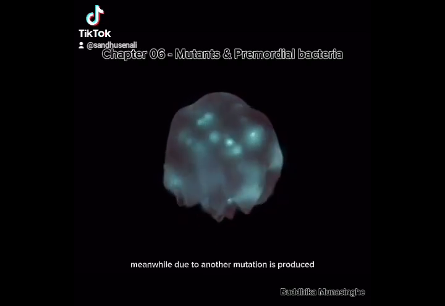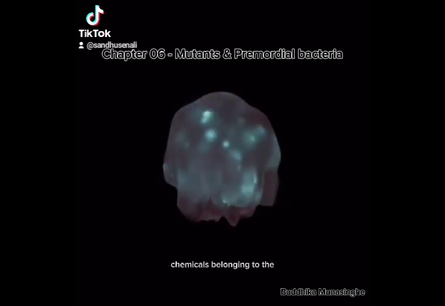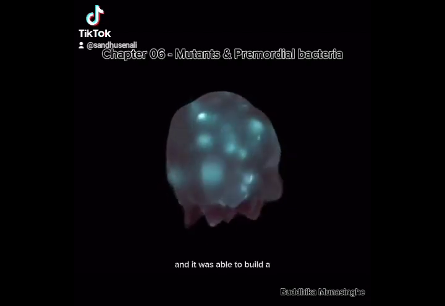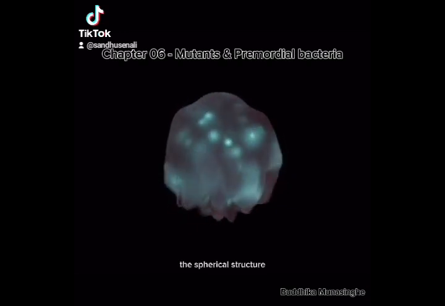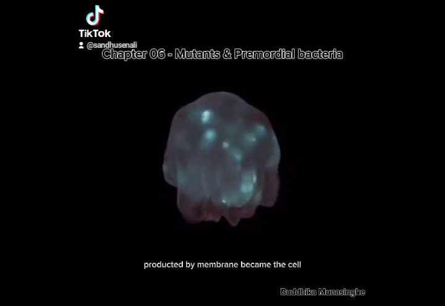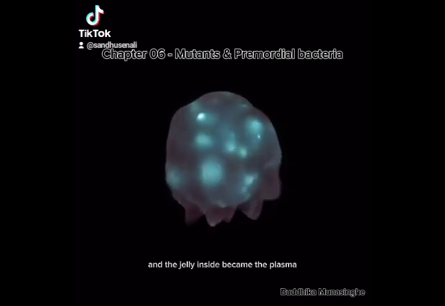Meanwhile, due to another mutation, chemicals belonging to the fatty acid group were produced, and they were able to build a membrane to protect its DNA and jelly. The spherical structure produced by the membrane became the cell, and the jelly inside became the plasma.